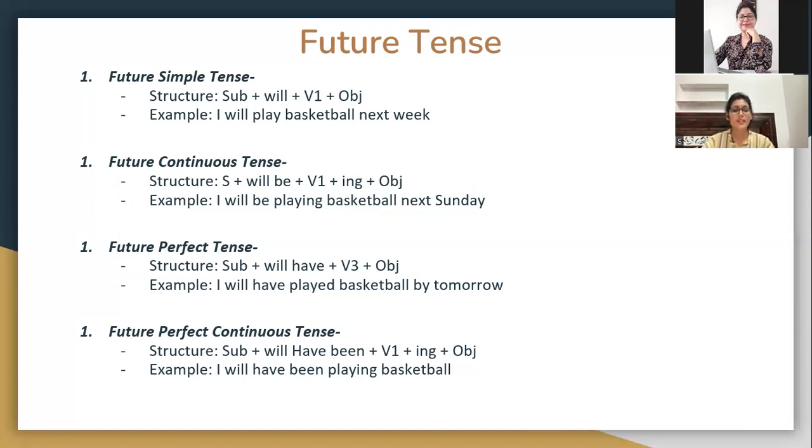Example: I will have played basketball by tomorrow. In this example, tomorrow indicates the future, the helping verb will have indicates future perfect tense, and played is the third form of the main verb. So the complete example is: I will have played basketball by tomorrow.